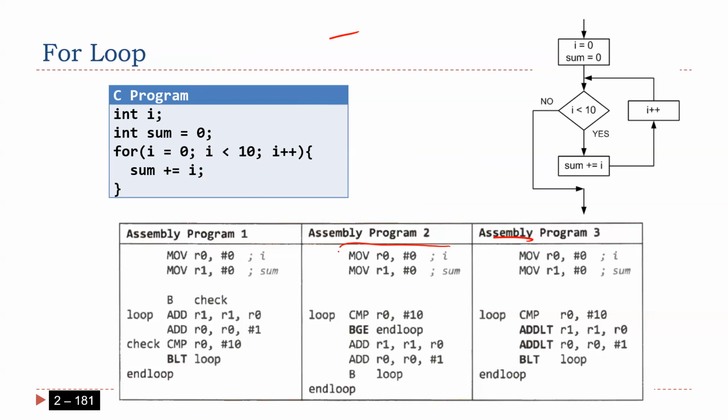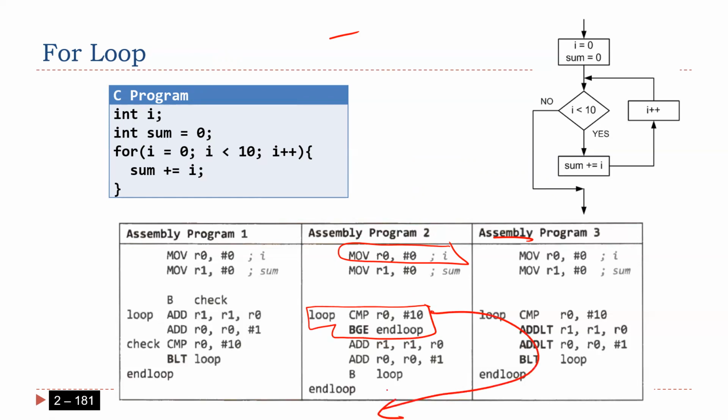So this is number 1 here. I'm going to initialize I, which is R0, with 0, as you see here. Then I'm going to compare R0 to 10. If it is greater than or equal, just go outside. I'm done.